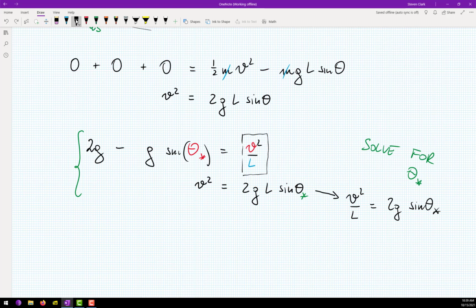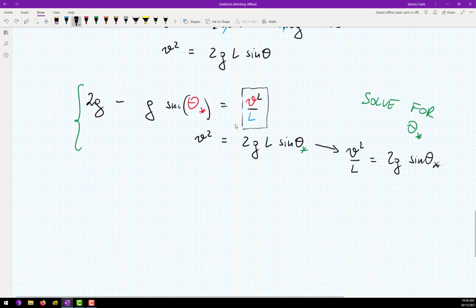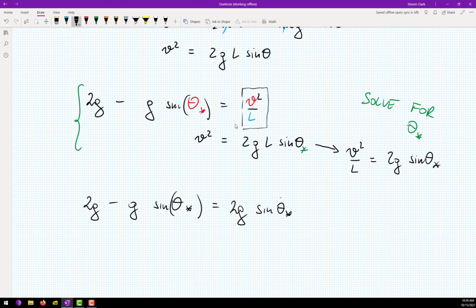So we can just write 2g minus g sine theta at which it breaks is equal to 2g sine theta star. Even g cancels out, and we end up with sine theta star equal to 2 divided by 3.